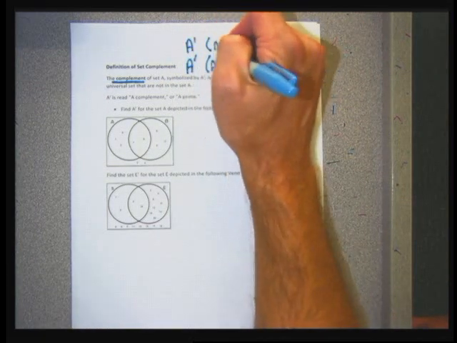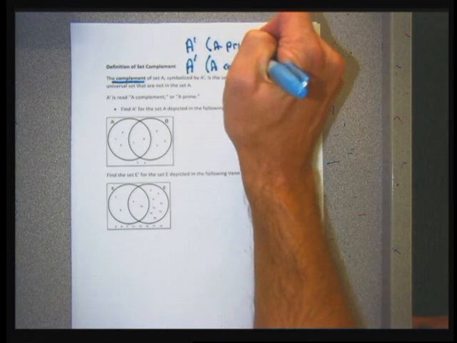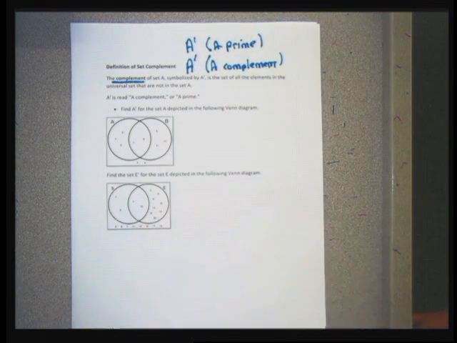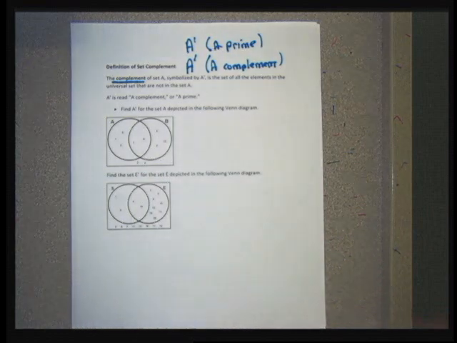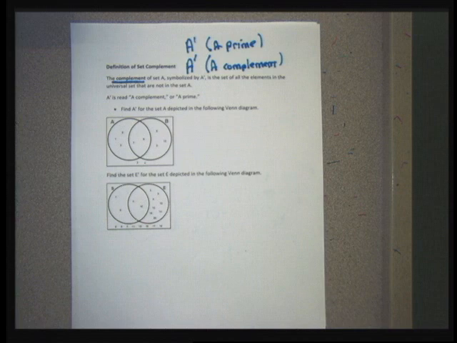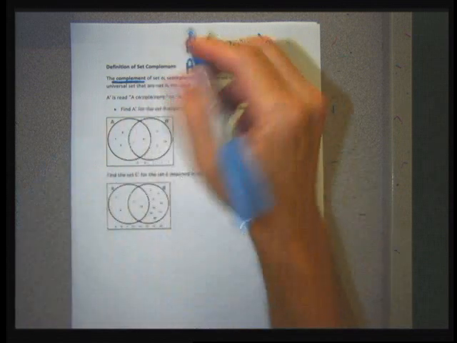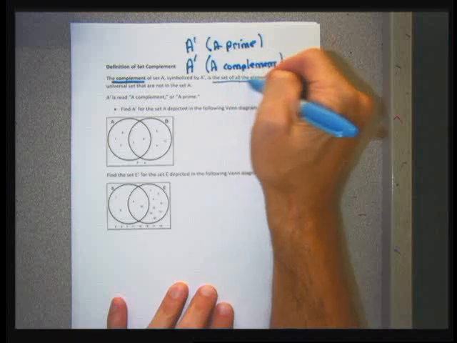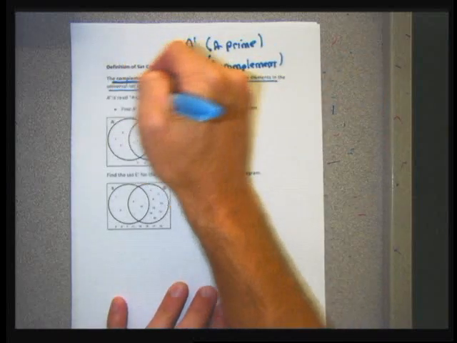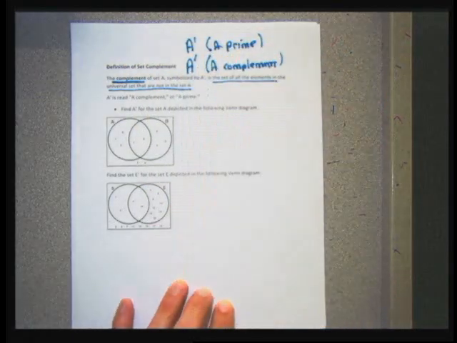So when I see that symbol, I might interchangeably use the words A complement and A prime. What that symbol represents is every element in the universe that's not in the set A. So A prime is the set of all the elements in the universe that are not in set A.